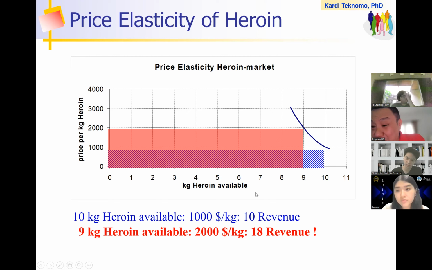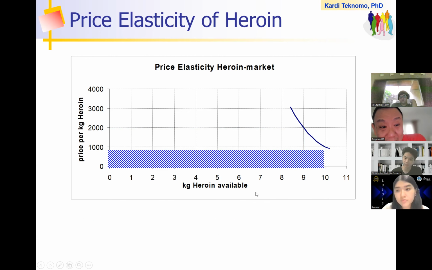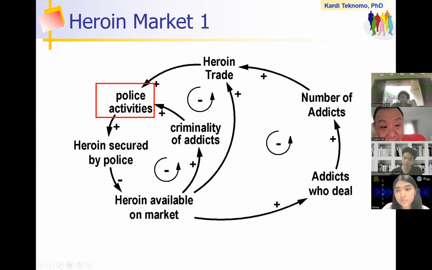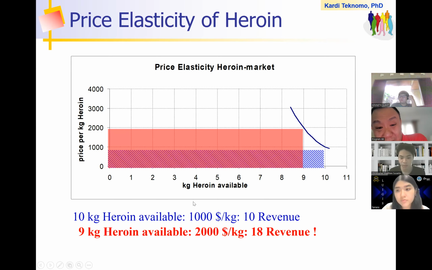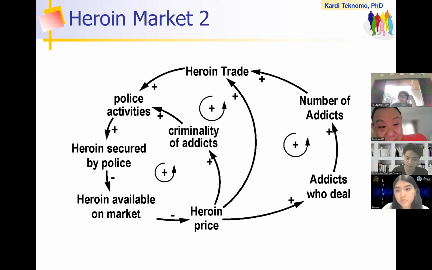So what happened? Remember, the police activity here will secure the heroin, and then the heroin available in the market reduces. Actually, it will increase the activity of the addict. Why? Because the criminality increased, right? So you are doing something wrong, because of the price elasticity.